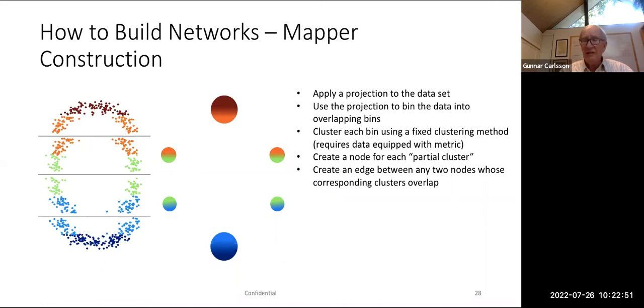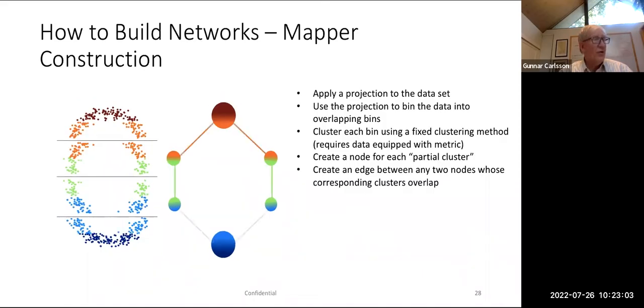And that's an advantage for us, because what we can now do is we can say, well, now we have a bit of a proxy for density or closeness, because what we can say is that 2 nodes are connected if they share 1 or more data points. So if I do that here, you can see now I have something which is a hexagon, which is a rough coarse model for the circle.